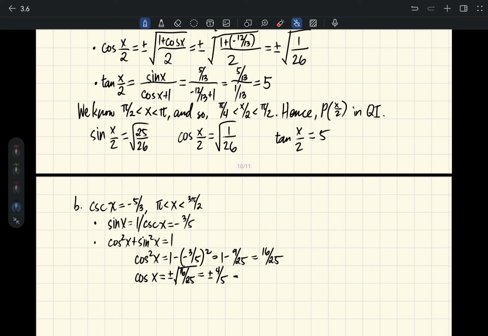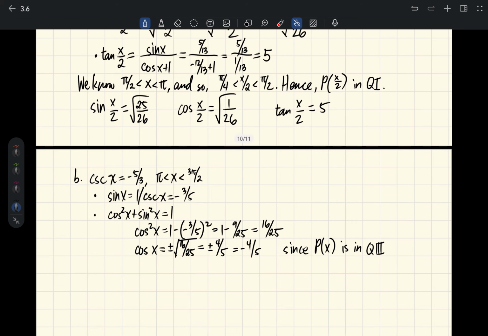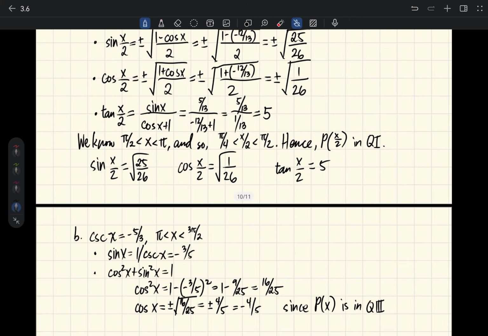So that means we're taking cosine of x to be negative 4 over 5, since P of x is in quadrant 3. So now that we have sine and cosine of x, we can proceed in finding the half angle values.